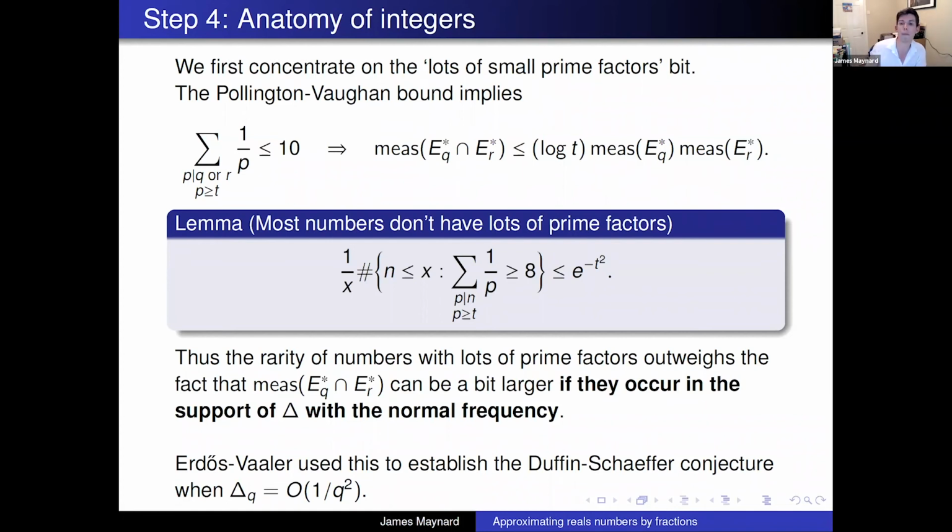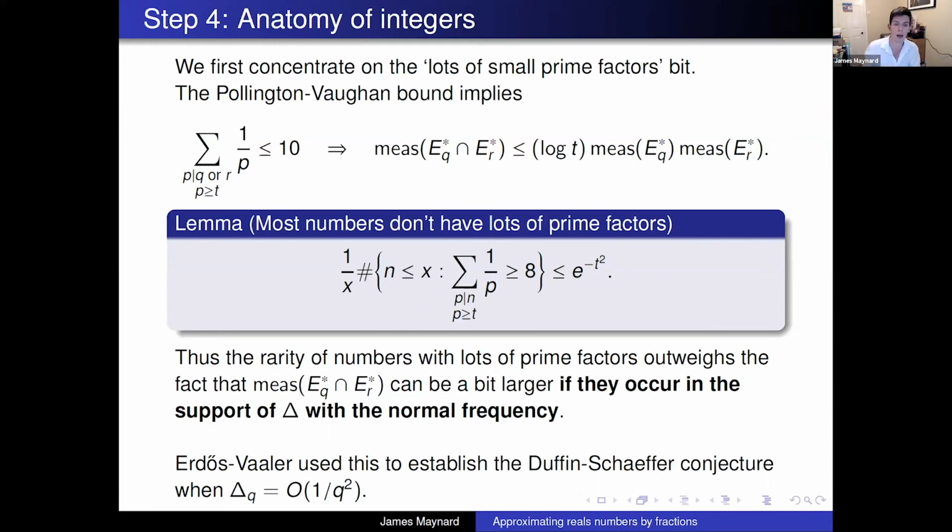And the key point that I'd like to point out here is that the Pollington-Vaughan bound says that your measure is too big by a factor of log t, but this anatomy of integers condition says that typical numbers are rare by a factor of e to the minus t squared. And e to the minus t squared is so small, it completely dominates any losses of a factor of log t, that e to the minus t squared times log t is very, very small.